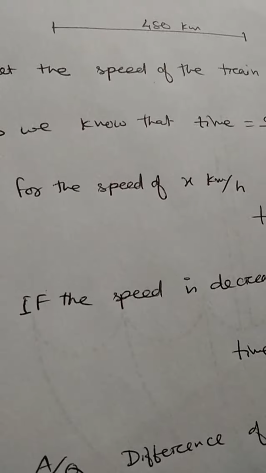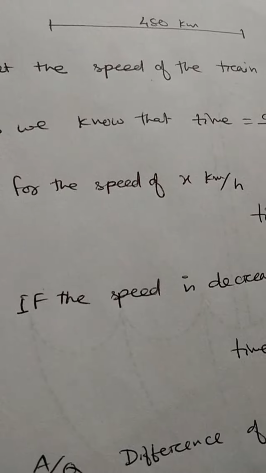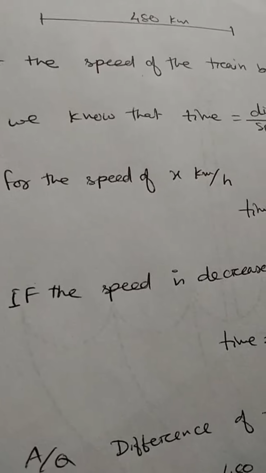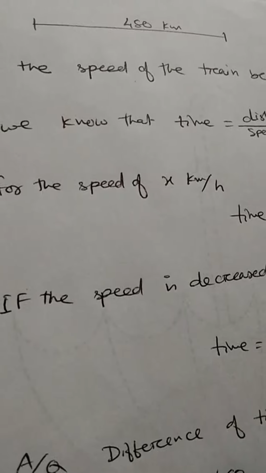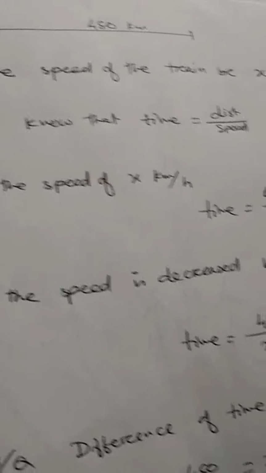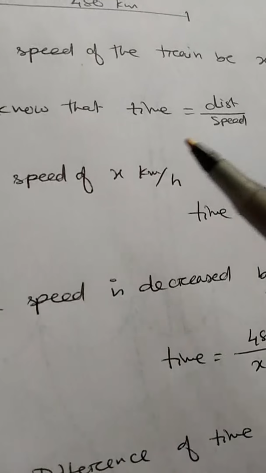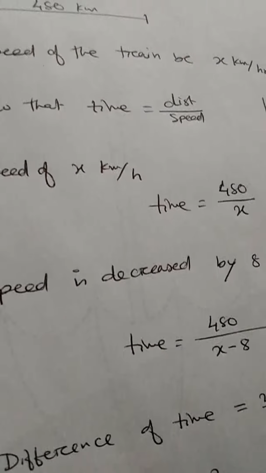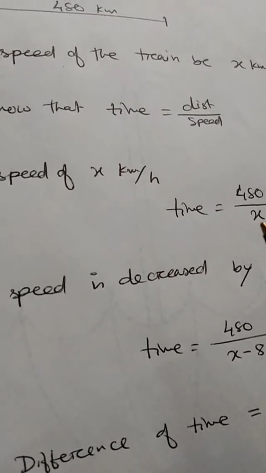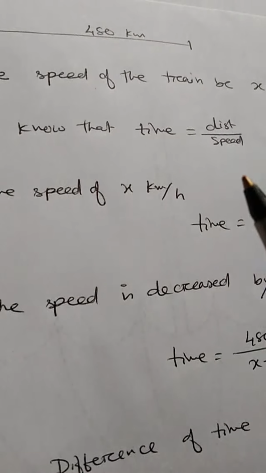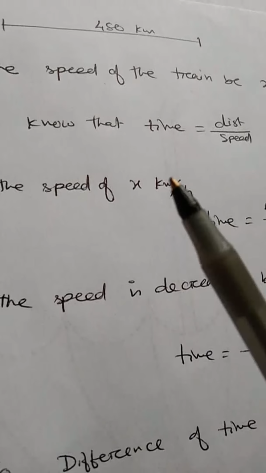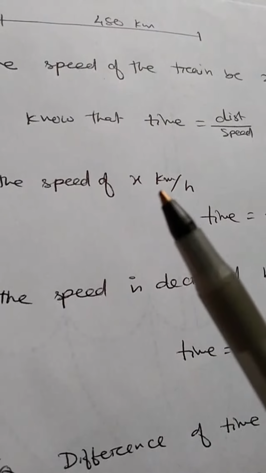Number 4 is about the speed and distance question. So remember, whenever a speed distance question is given, we'll try to find both the time, the usual time and the changing time, because in this kind of question speed is changed, maybe increased or decreased.